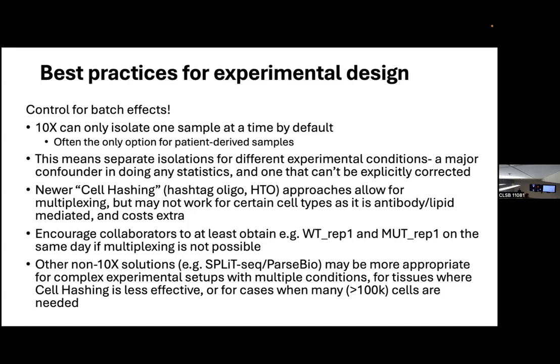And so if you do sample 1 on Monday and sample 2 on Friday, then you have a confounder there in the sense that those are not processed in parallel. If there were any differences in the environment or the experimenter or the reagent kit or anything along those lines, you can be introducing a batch effect that you cannot control for or correct.